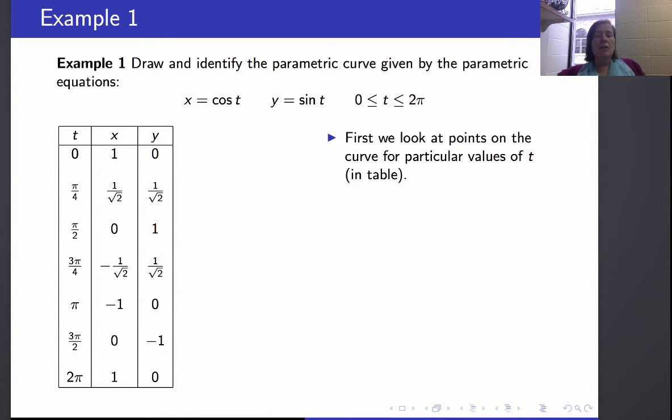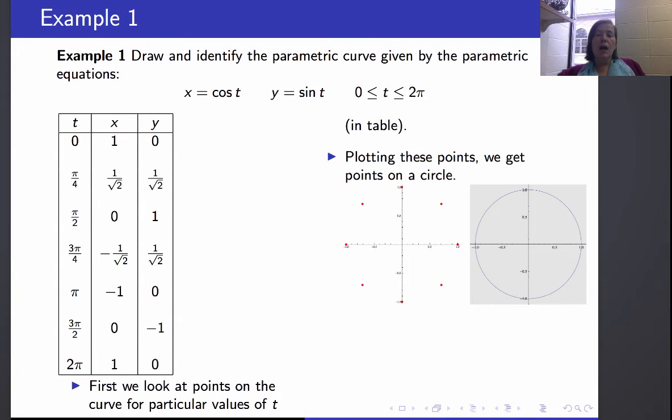When I get to the terminal point on the curve when t is 2 pi, then the corresponding point is x equals 1, y equals 0, which coincides with the initial point on the curve. We can plot these points, and we see that they all lie on a circle.